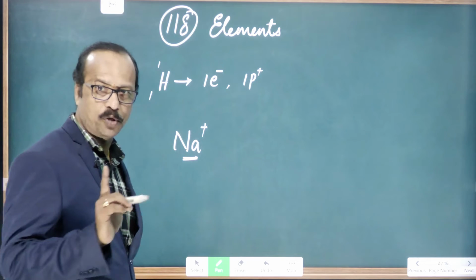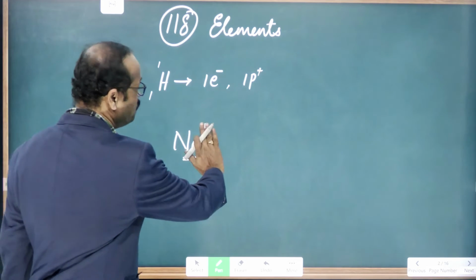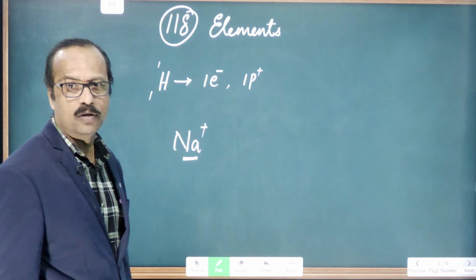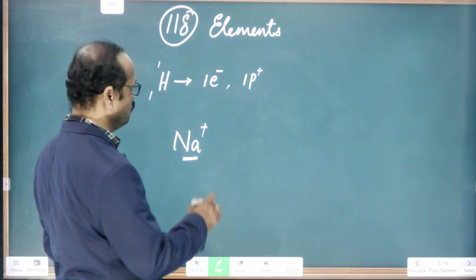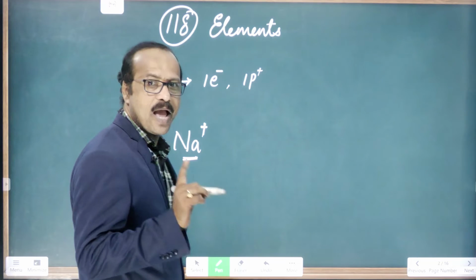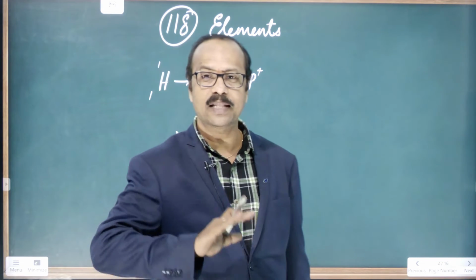Na is the symbol of sodium, you know that. Here plus means it lost one electron. So one electron is gone, which means it has one excess proton than the electron.